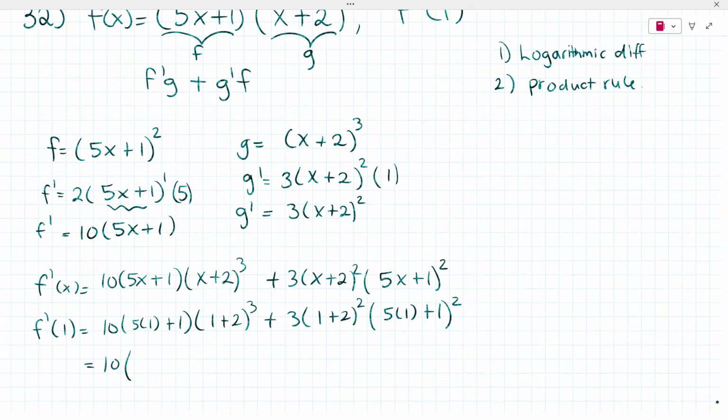Okay, 5 times 1 is 5 plus 1, that's 6. 1 plus 2 is 3, that's cubed. That's 3, and then 1 plus 2 is 3 squared. 5 times 1 is 5 plus 1 is 6 squared.